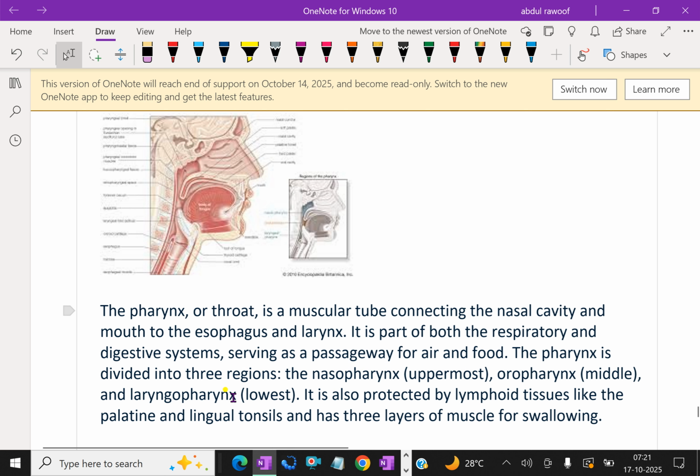The pharynx is divided into three regions: the nasopharynx, uppermost, oropharynx, middle, and laryngopharynx, lowest. It is also protected by lymphoid tissues like the palatine and lingual tonsils and has three layers of muscles for swallowing.